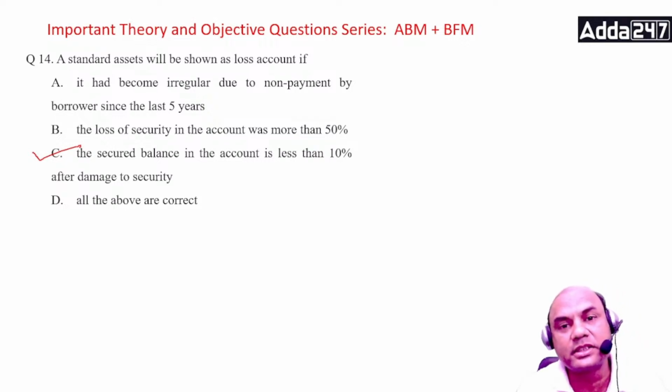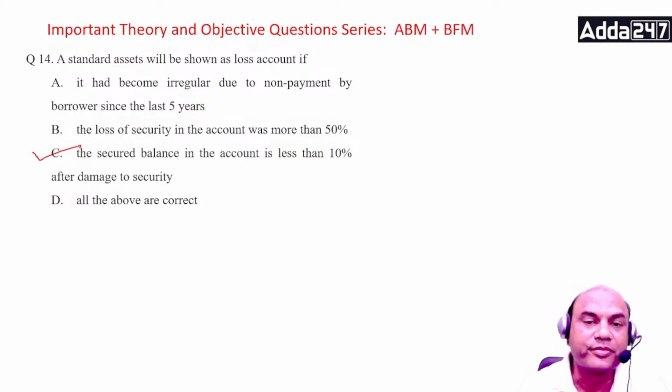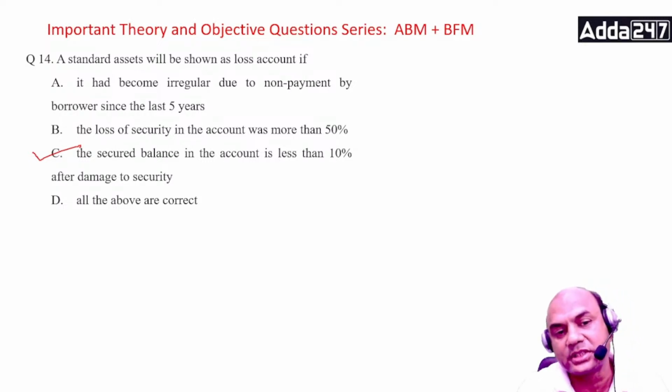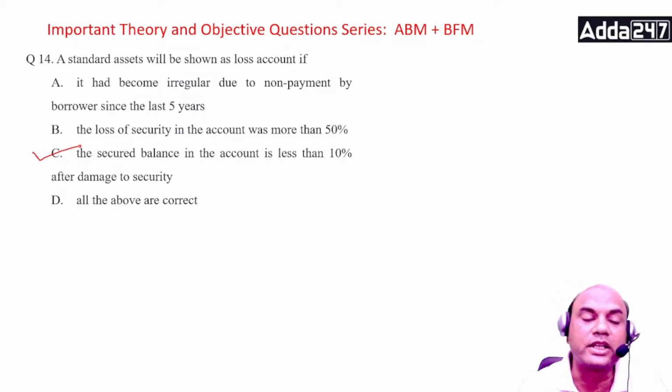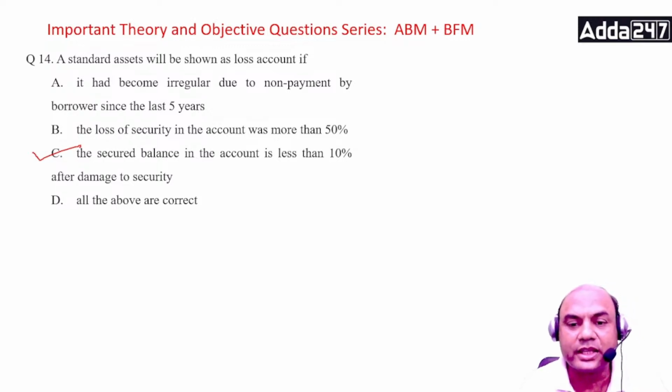If that remains less than 10% after the security has some damage, it might be due to rains, fire, anything, then this asset will be shown as a loss asset. Okay. Next one.